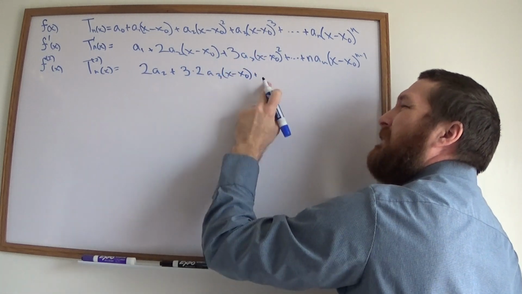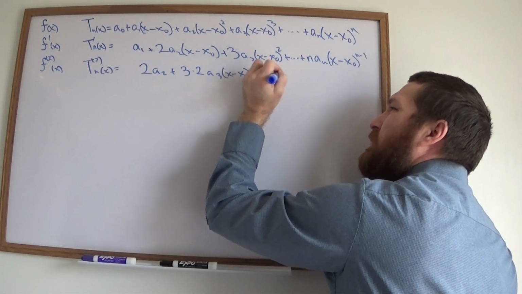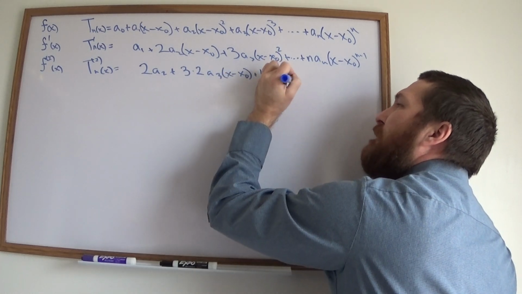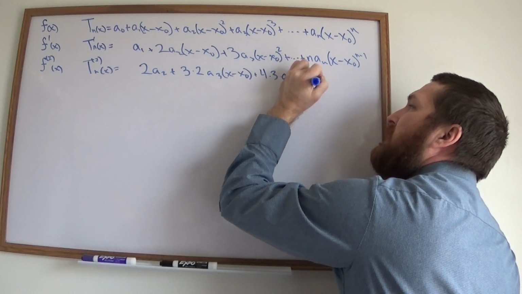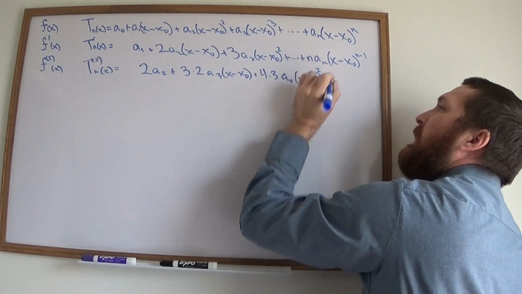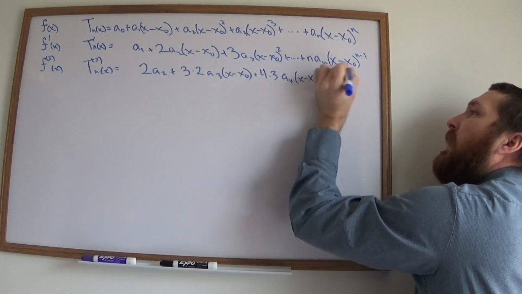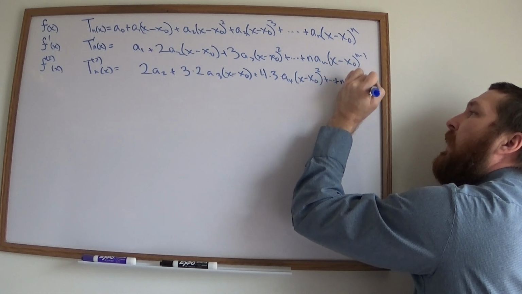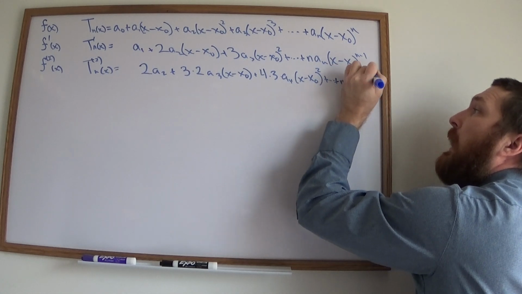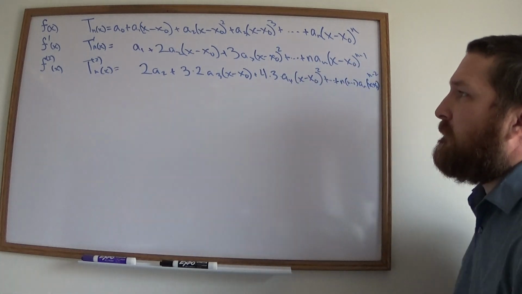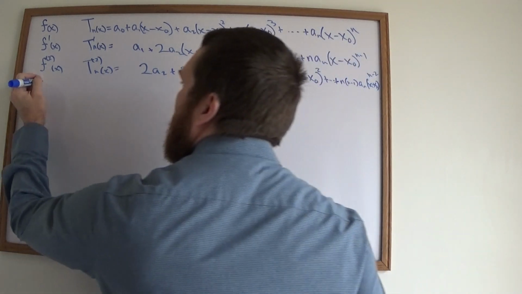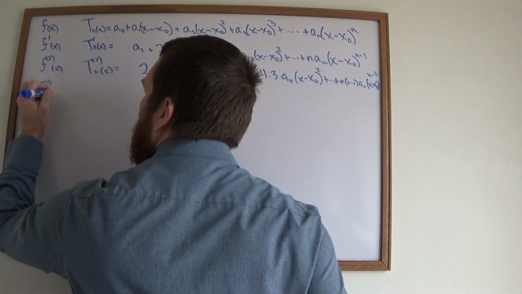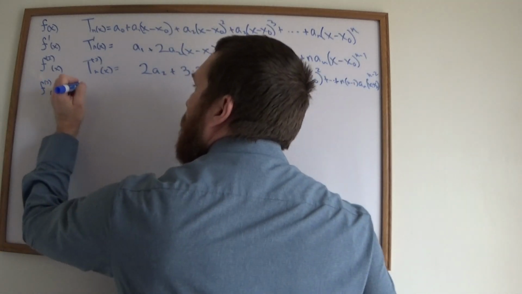I'm willing to bet that the next one would have been 4 times 3 times a4 x minus x0 squared, all the way up to n minus 1 times n times a n times x minus x0 to the n minus 2. Okay, now let's take another derivative. Third derivative.